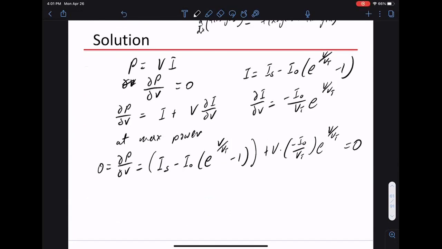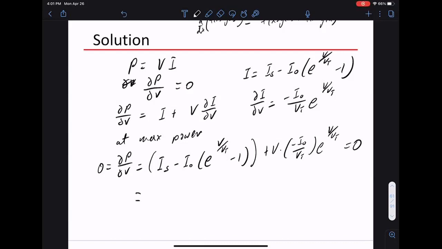Okay, so we can take this derivative. Now again, there are two options here. You can either just graph this. Again, you have access to your computer during exams. You want to just graph this and figure out what V is. Now, if you want to make things slightly simpler, you can collect terms.